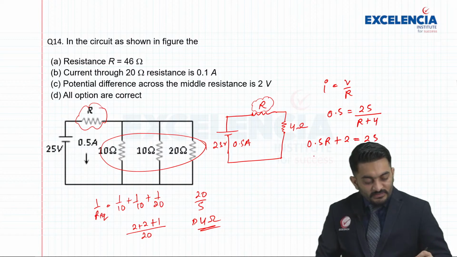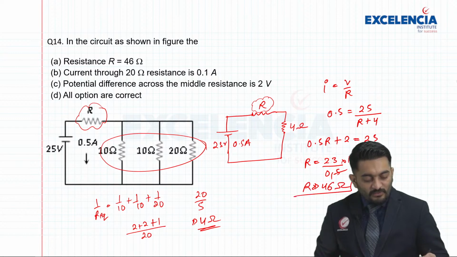So you will see that R equals 23 divided by 0.5, which is 46 ohm, the value of R.